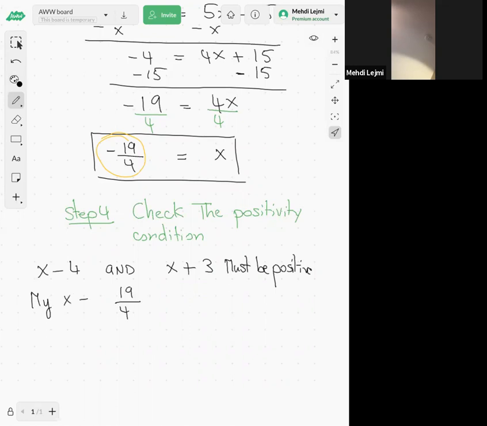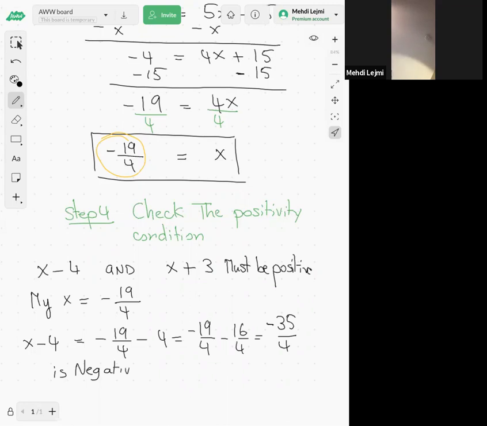If you do x minus 4, that's negative 19 over 4 minus 4. Of course, it's going to be negative. So this is negative 19 over 4 minus 16 over 4, so it's just negative 35 over 4, which is negative.